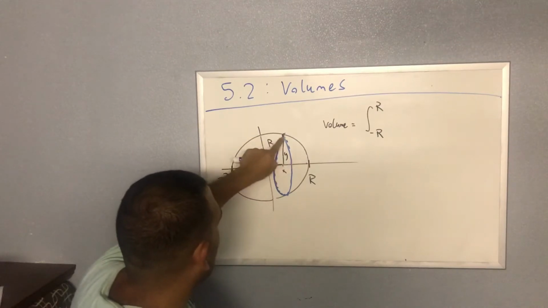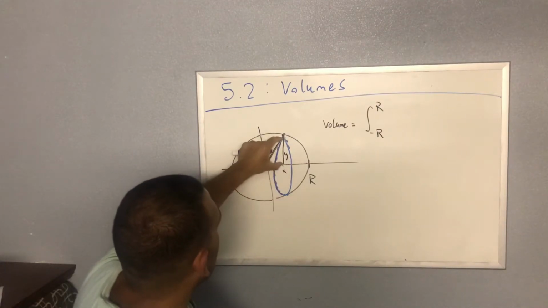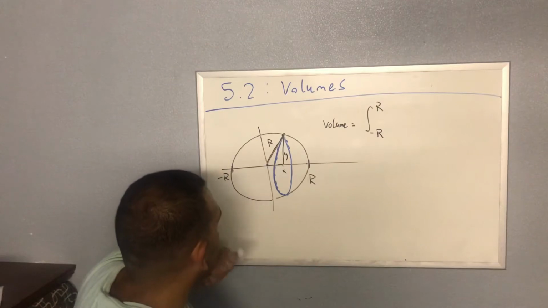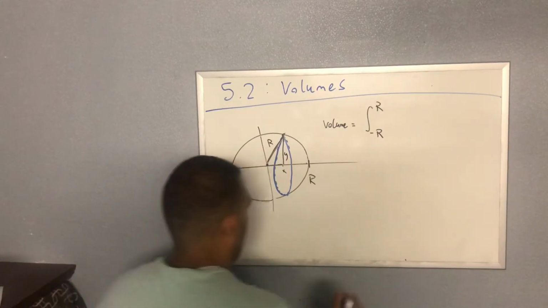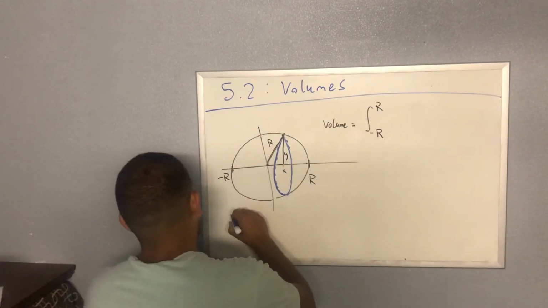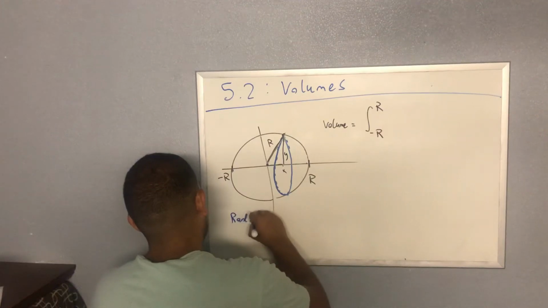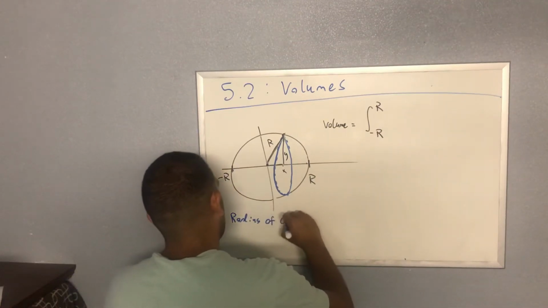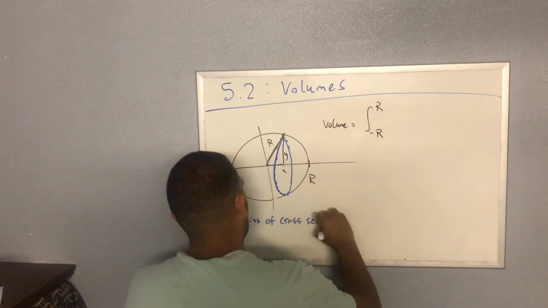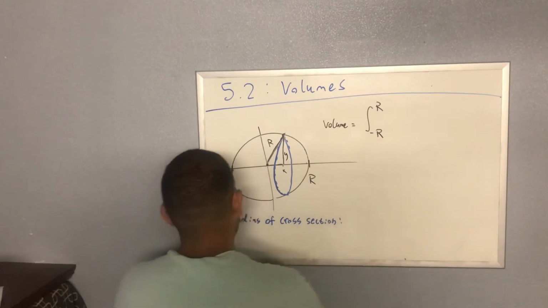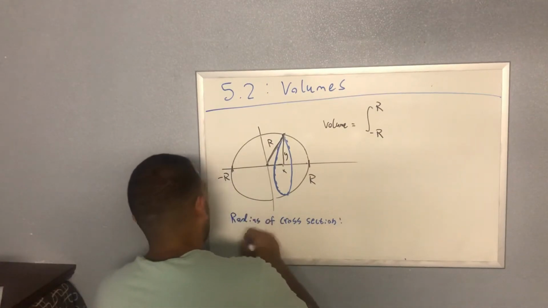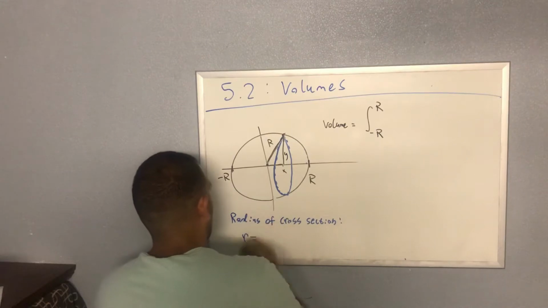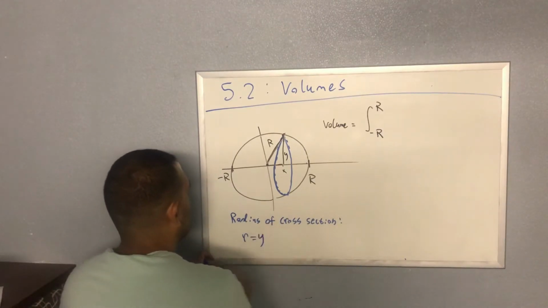Not the radius of the ball, but the radius of the circle in blue is y. So the radius of the cross section, we'll call it maybe small r, is equal to this distance y.